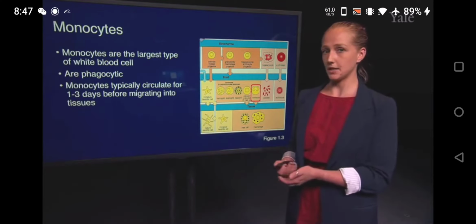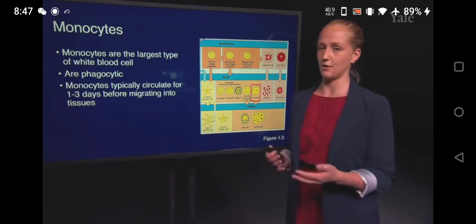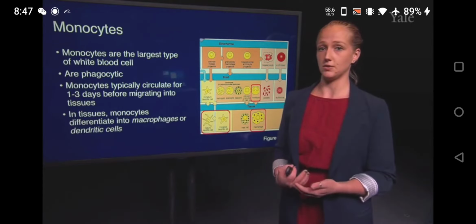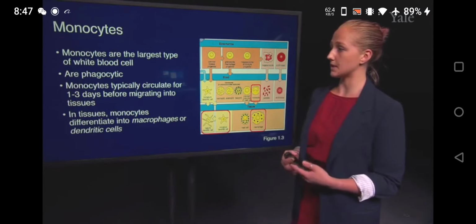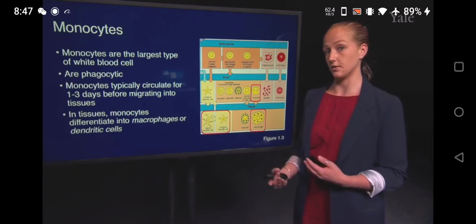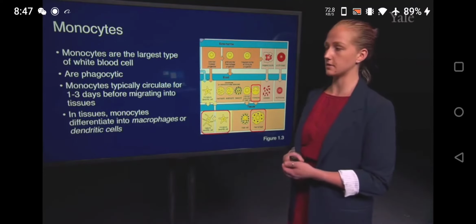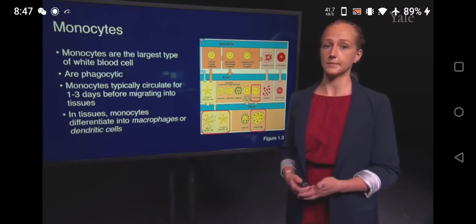And as I mentioned briefly before, these cells are not fully developed when they leave the bone marrow. Once they enter into tissues, these monocytes will actually differentiate into two other subsets of phagocytic cells called macrophages, or they'll develop into dendritic cells.